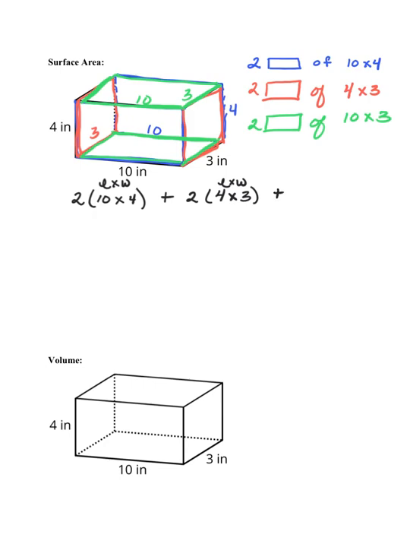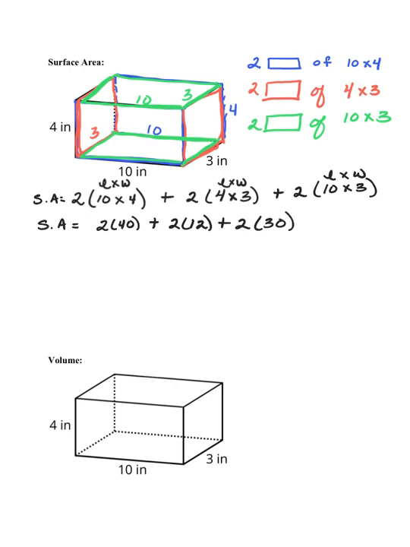And then I'm going to add on the area of the 2 rectangles that have dimensions of 10 by 3. Again, length times width, and that was the top and the bottom of my box. So my surface area is going to be equal to 2 times 40 plus 2 times 12 plus 2 times 30.